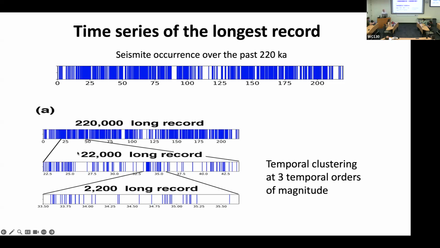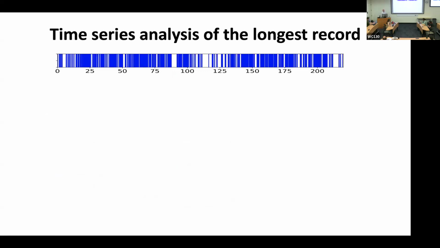When we look at just 22,000 years, we see clustering again. There's clustering over here, and over here. Even when we zoom in to thousands of years, we see clustering. So we can see this clustering of earthquakes at different orders of magnitude. Now, what do we do with such a record?